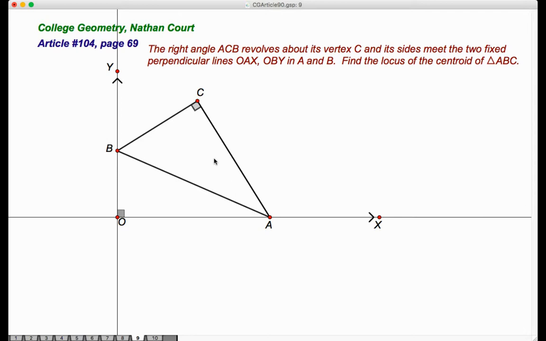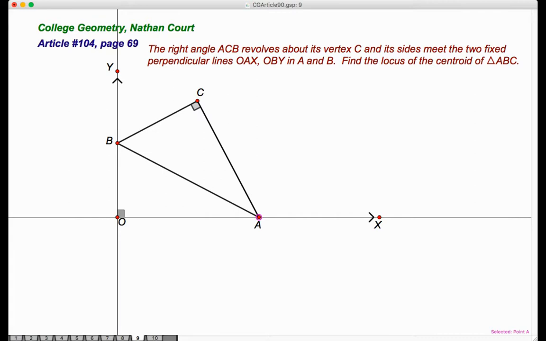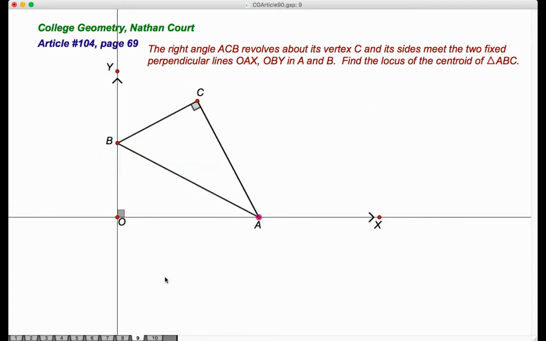So all that I need to do is to construct first the centroid. Okay, and here's what I've got. So first we can construct the circle, and since this is a right triangle, the best thing I can do is just construct the midpoint of segment AB and construct the circle that passes through this triangle.